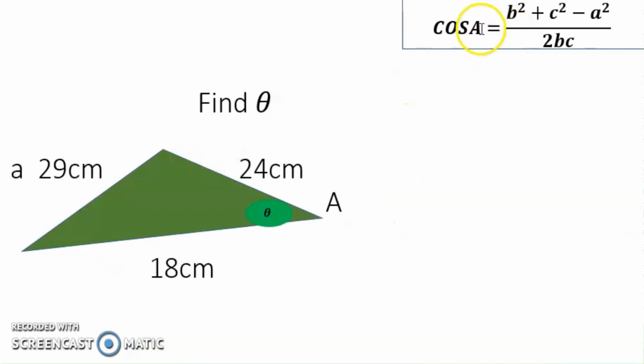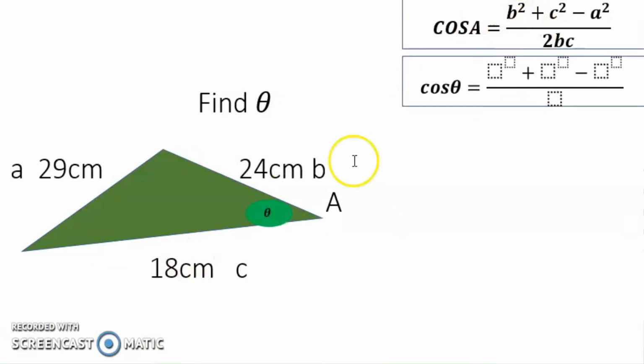If we substitute into this formula, we are having cos theta, where A is theta. Our B is 24, so we have 24 squared. Our C is 18, so we have 18 squared.